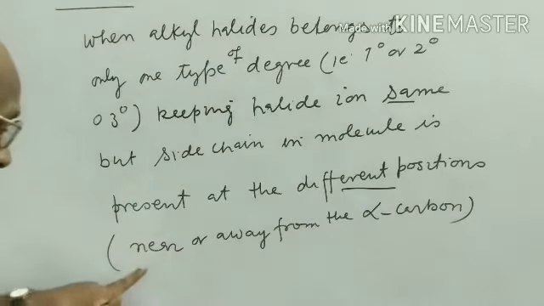Different positions means near or away from the alpha carbon atom.